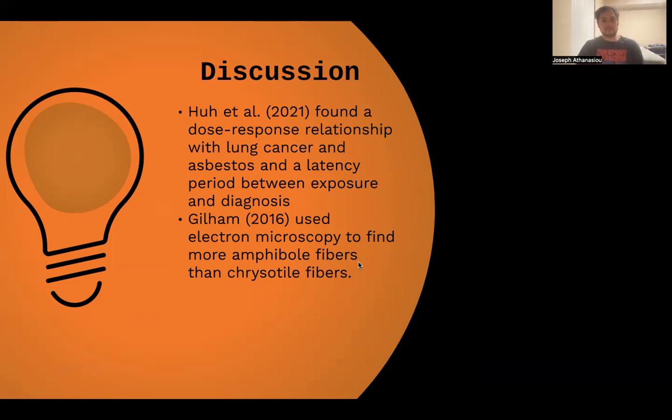The reason for this is that chrysotile has a half-life in human lungs of just a few months, and amphibole fibers, though much less used in the industries, have a half-life. The lowest is 6 to 10 years for some types of amphiboles, and up to 20 years for others, like crocidolite.